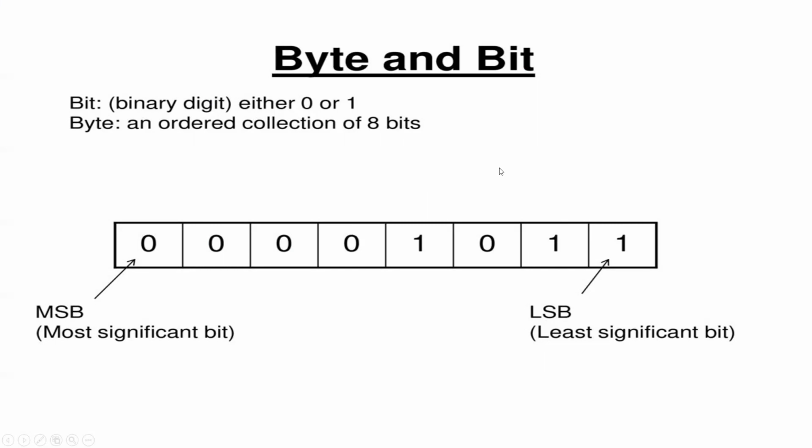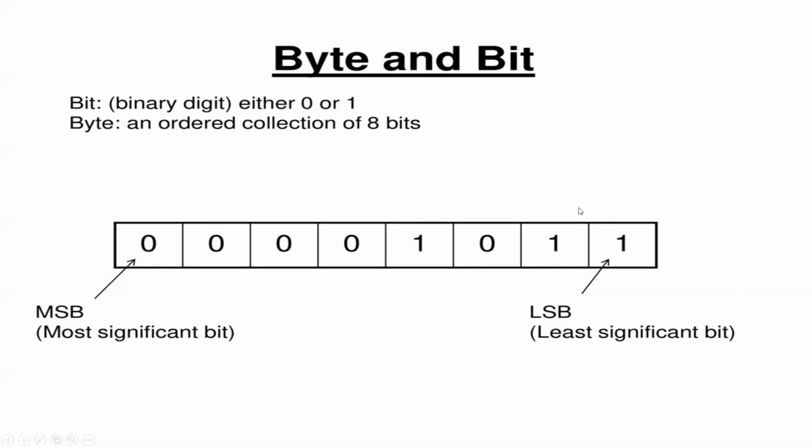Now, when we read out the number 43, children, how do you read 43 as 4, 3? 3 is at the units place or ones place and 4 is at the tens place. Similarly, these binary numbers are written in the way that the first bit is called the LSB. You always read the number from the right hand side to the left hand side for the least or the most.